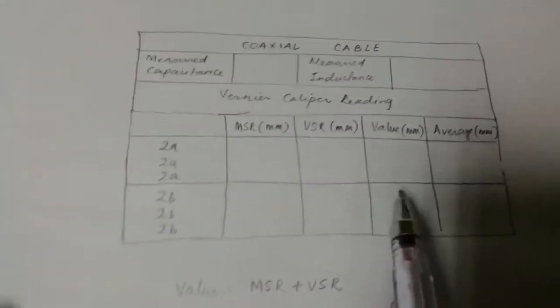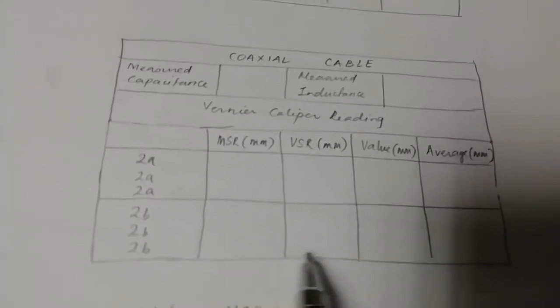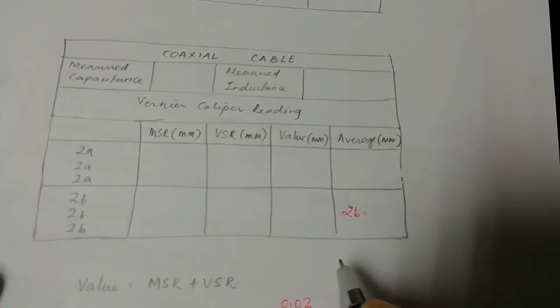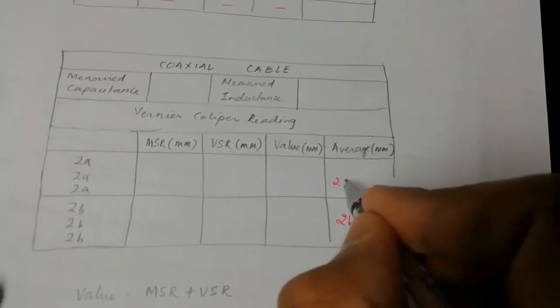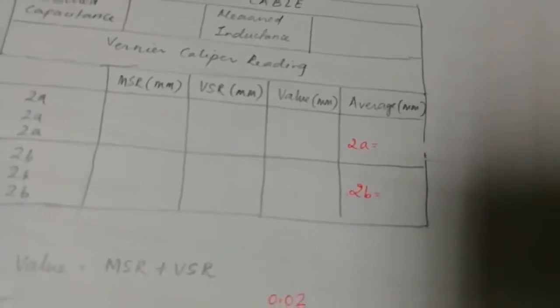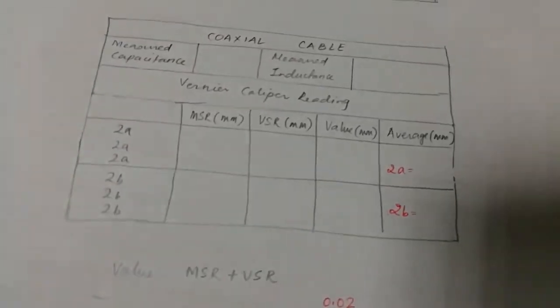So this is the 2B value, and you are going to note it down here. The first, second, third, and the average value of 2B and the average value of 2A. So these are the measurements that we need to do with the vernier caliper.